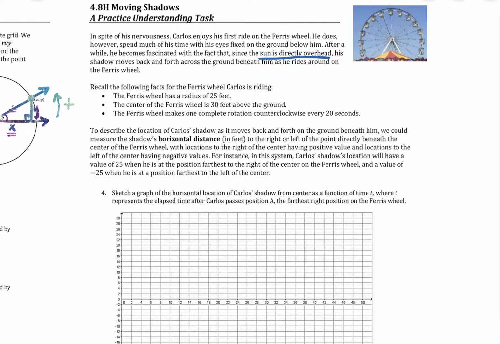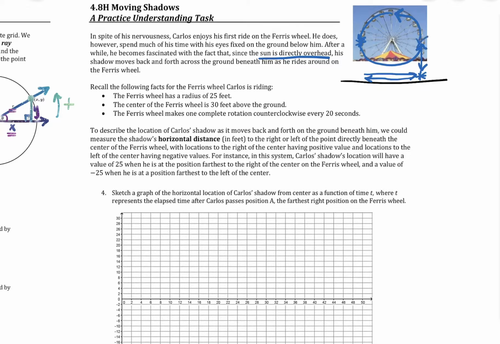So if you imagine his shadow being cast on the ground, here is our ground underneath the Ferris wheel. His shadow starts over here, being cast directly down from the starting point of the Ferris wheel. And as he rotates around the Ferris wheel, his shadow moves this way until he rotates all the way to that opposite side, and then his shadow heads back until he rotates back around.